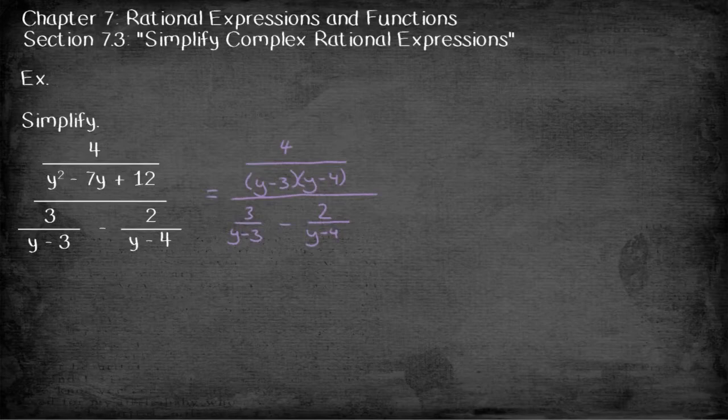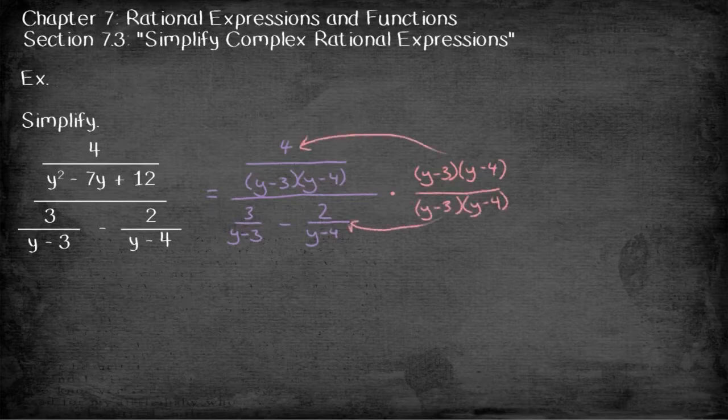Okay, so it looks like if I multiply by y minus 3 times y plus 4 times y minus 4, y minus 3 times y minus 4 over the same thing.